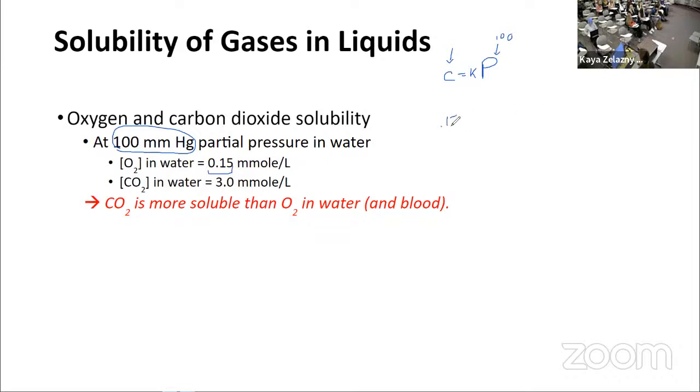All right, so 0.15 millimoles per liter would be our constant times our partial pressure of oxygen. Okay, versus for that same partial pressure, right? If we had a partial pressure for carbon dioxide of 100 times its own constant, we'd have a much higher amount dissolving into our fluid. Okay, so you're going to expect to see different constants for different gases. Going briefly on that, because calculating those out is not a major thing that we need to worry about for the purposes of this class, but understanding why this relationship is what it is is something that we want to be able to do.